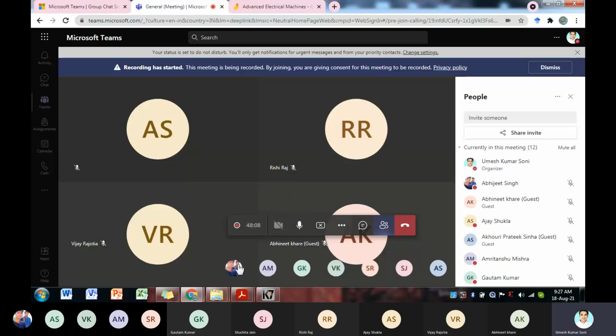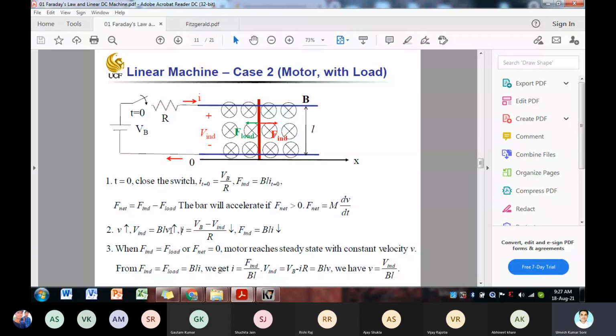Okay students, you can see here. Whenever there is an increase of velocity, the induced EMF will also increase, and the current will decrease, by this relation. So F induced will also reduce. So earlier, in the first condition, there was no induced EMF, current was high, and F induced was higher than the F load.